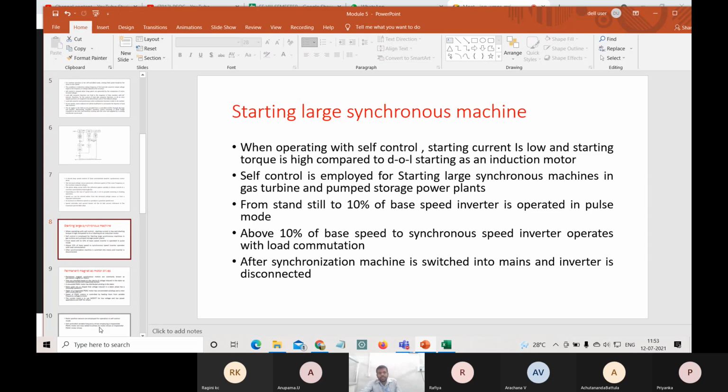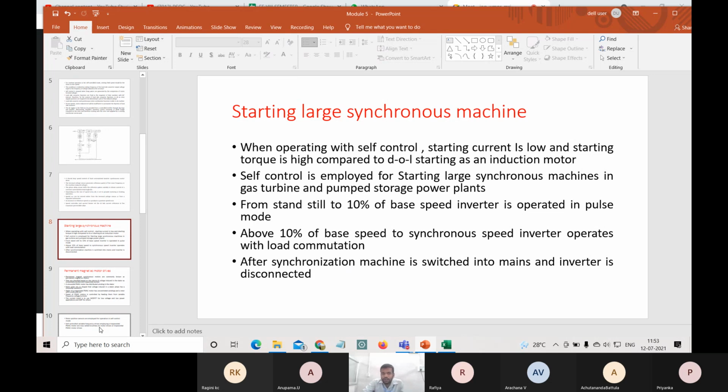Because of this, self-control of a synchronous motor is employed for starting of the large synchronous machine in gas turbine and pumped storage power plants. If you are using a DOL starter in a large synchronous machine, what happens?